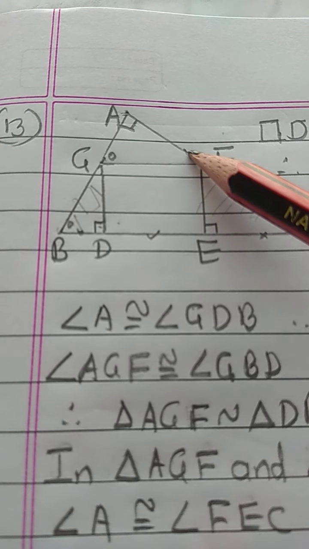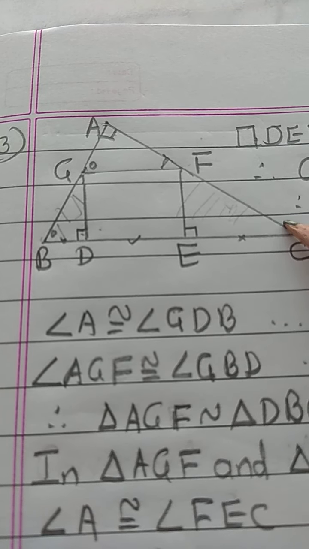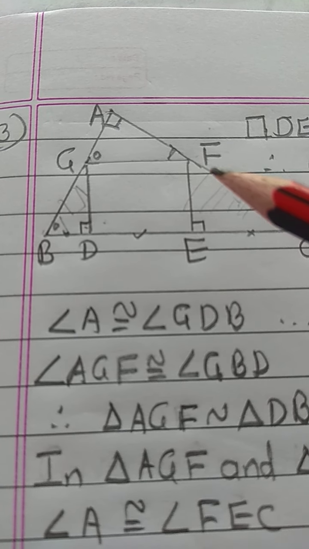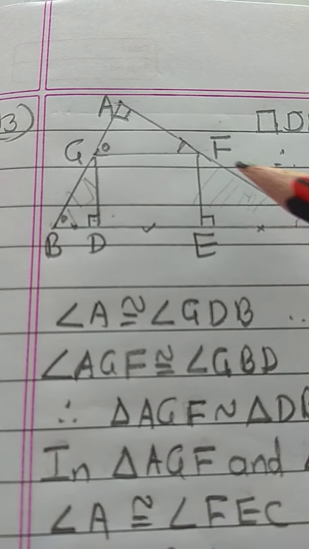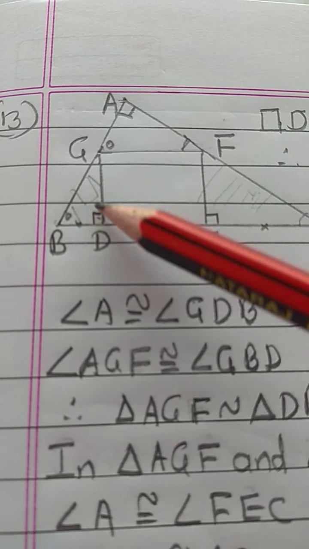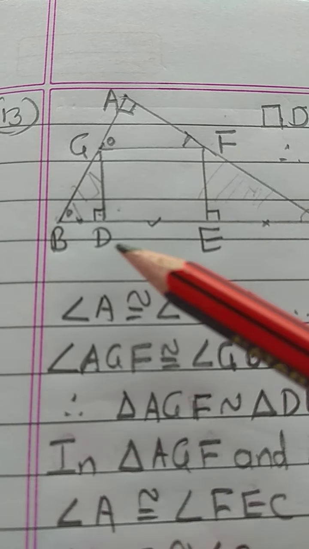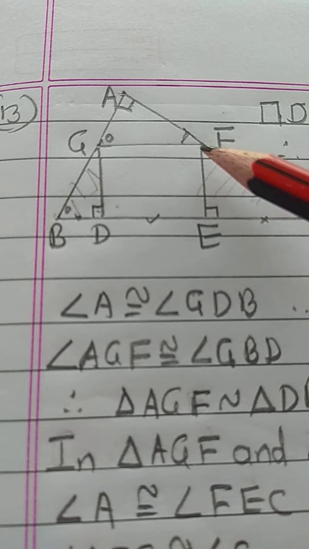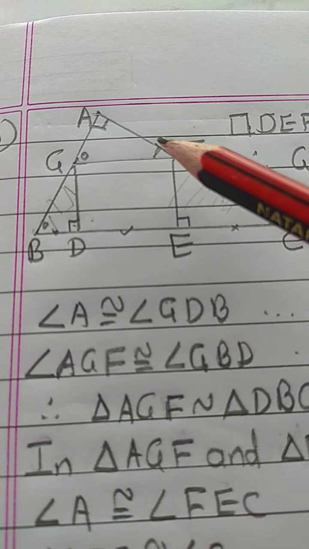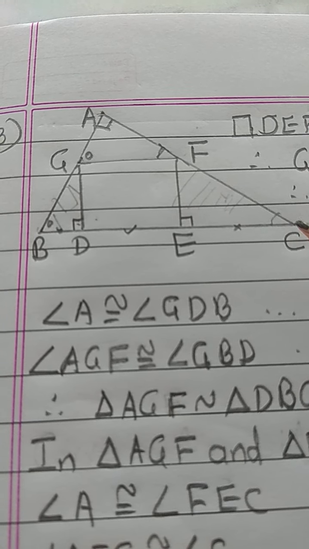This F is going to be congruent with this C because they are corresponding angles. Why are corresponding angles congruent? Because the lines are parallel. Because quadrilateral DEFG is a square, DE is parallel to GF, that is, BC is parallel to GF, and therefore these corresponding angles are congruent.